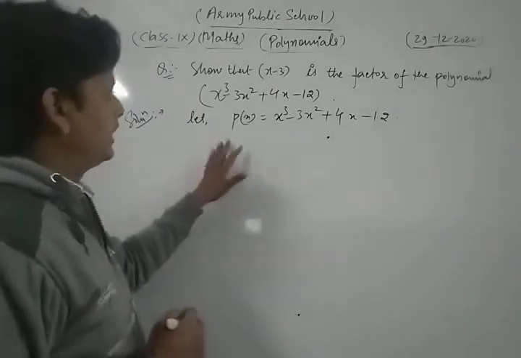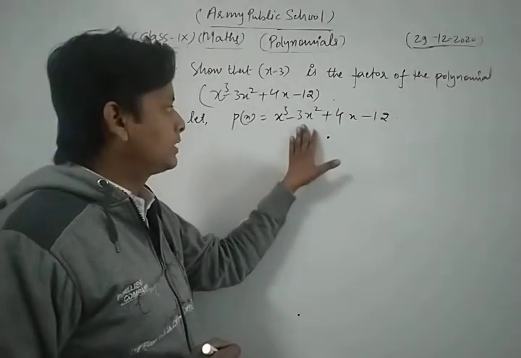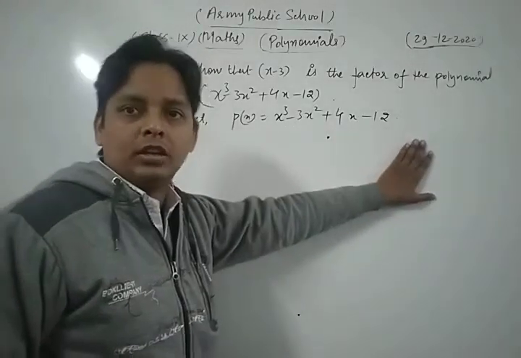First of all, we take p(x) = x³ − 3x² + 4x − 12.